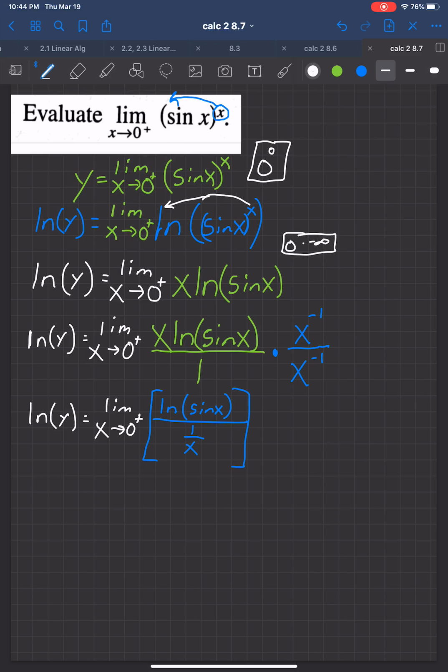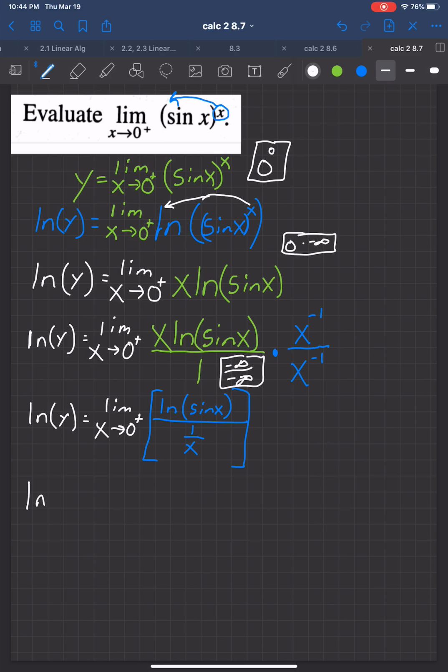What if I were to try evaluating the limit right now? Of course, it would still be an indeterminate form: negative infinity over negative infinity. But that's because you haven't used L'Hopital's rule. At this stage, you want to finally take the derivative of f, take the derivative of g, and then we'll see where to go.